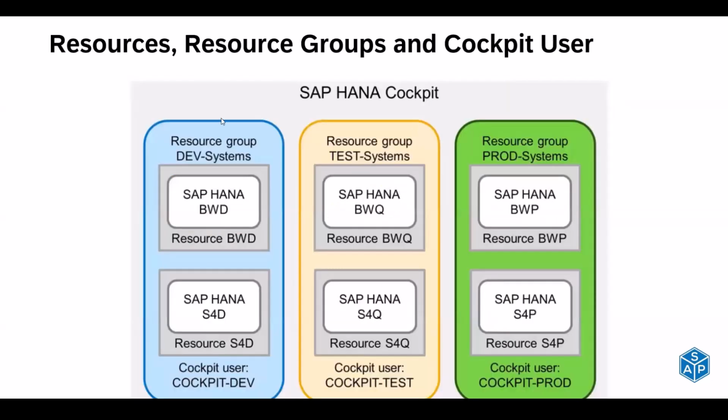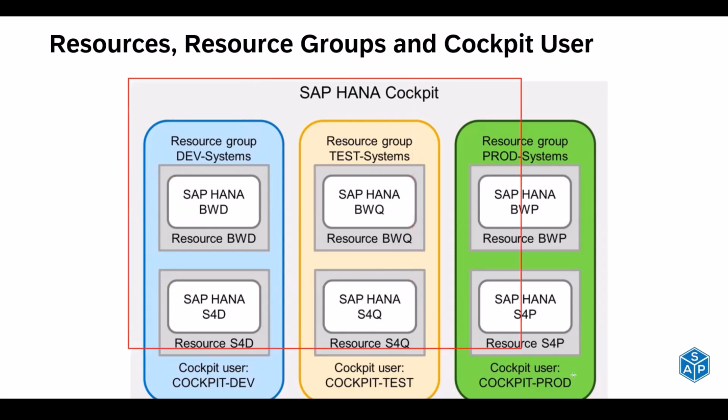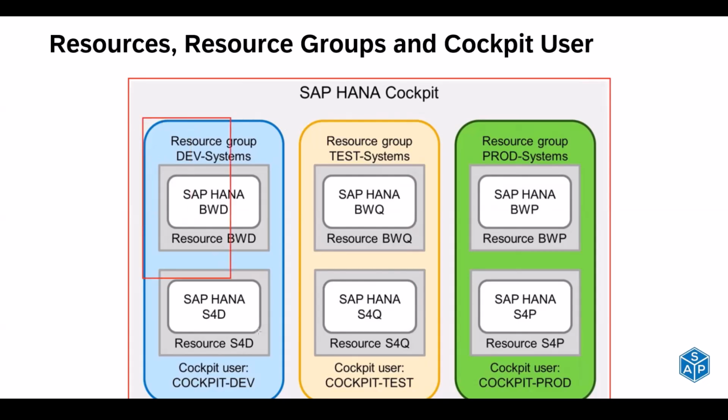Okay, so the next slide is resources, resource groups, and cockpit user. What is this? This complete is your HANA Cockpit system. In this system you can create different resource groups. See, this is one resource group, which is for your development system.